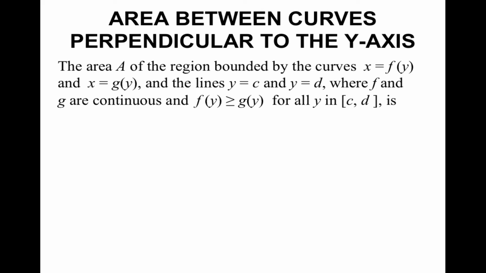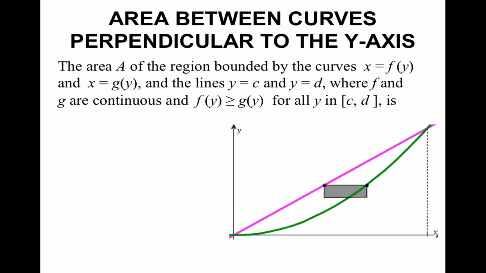Now before I give you the integration for the area perpendicular to the y-axis, let's take a look at the graph. What I mean by perpendicular to the y-axis is that now when you draw your rectangle, you notice that the height of the rectangle is perpendicular to the y-axis. Whereas in my previous example, the rectangle was up and down, so the height of that rectangle was perpendicular to the x-axis.